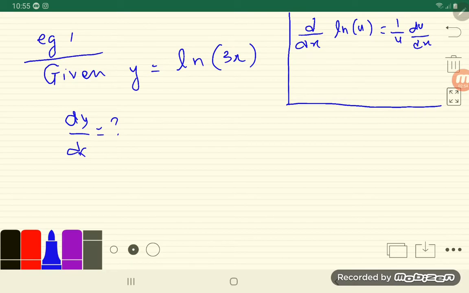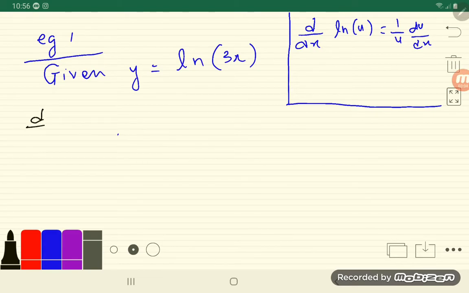Based on the formula given there, we can change the equation into something like this, where we put d over dx. This is the instruction for you to differentiate ln 3x.